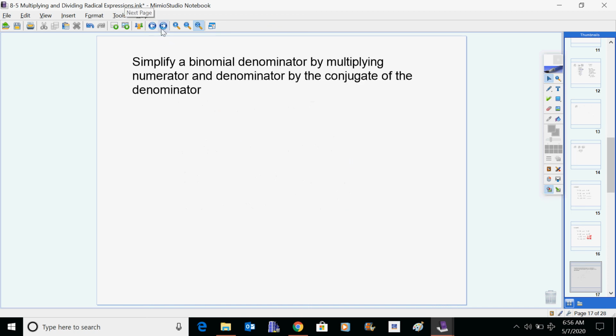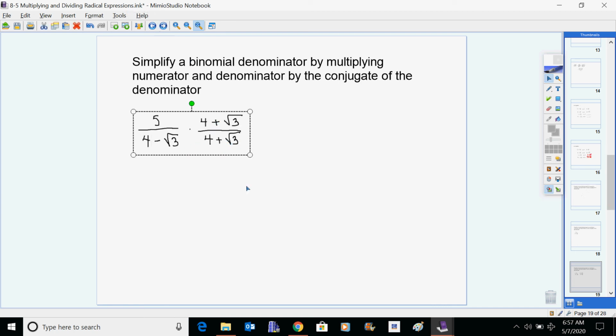So when we're going to simplify a fraction with a binomial in the denominator, we need to make sure that we're multiplying that denominator by its conjugate in order to make the radical go away. Okay, so here's what happens with that. 4 plus square root of 3 is the conjugate of the denominator.